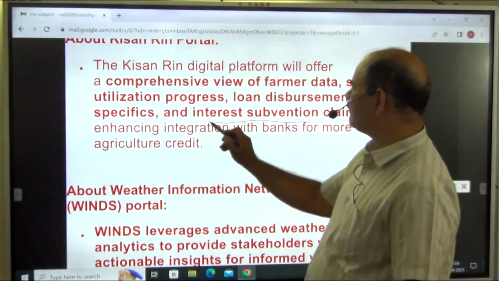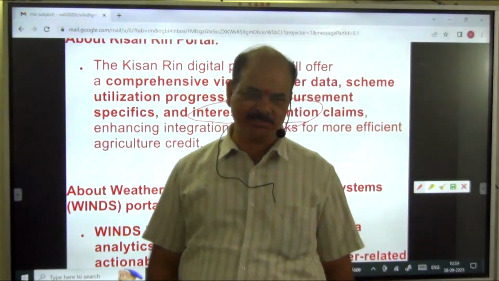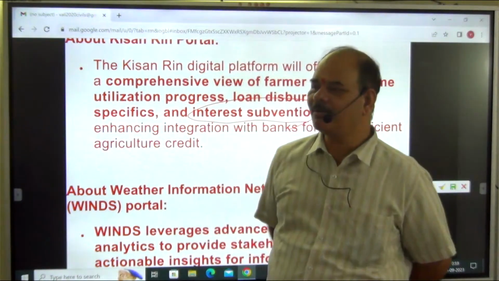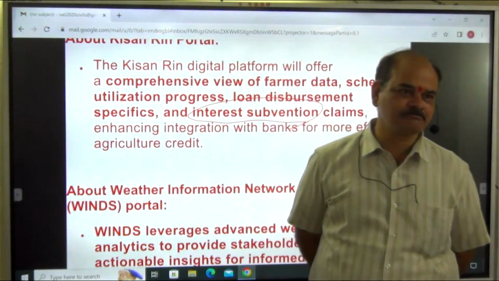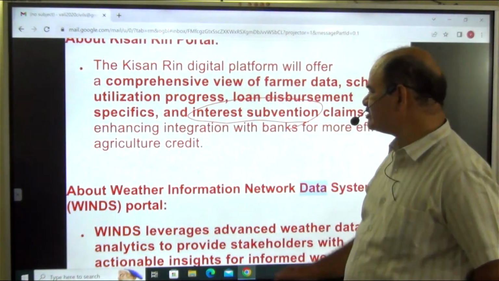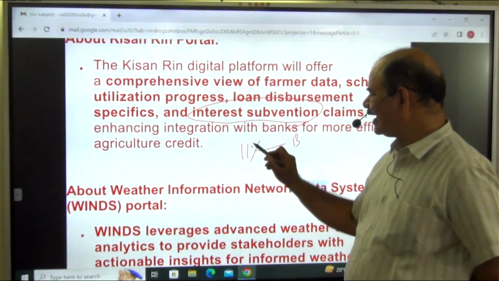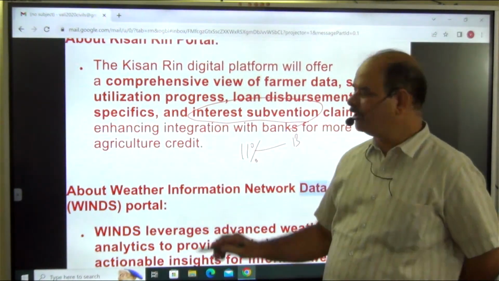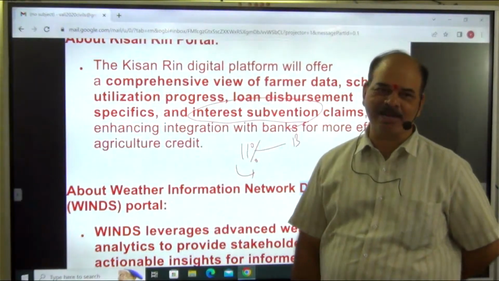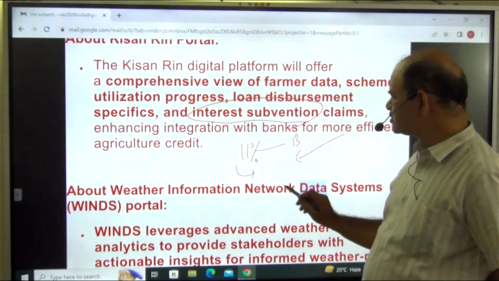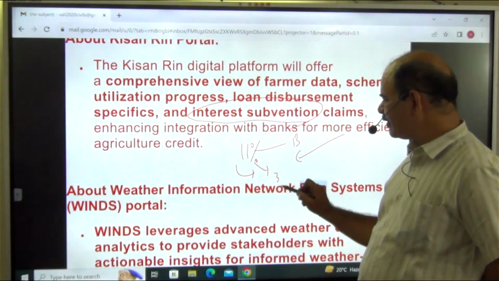We have discussed this in our routine economic classes. What is meant by interest subvention? Interest subvention means suppose a farmer has taken a loan from the banks at the rate of 11%. If he has paid correctly, to support the farmers, the government will pay 3% of interest.